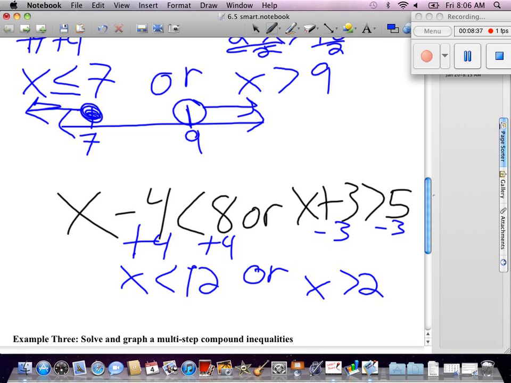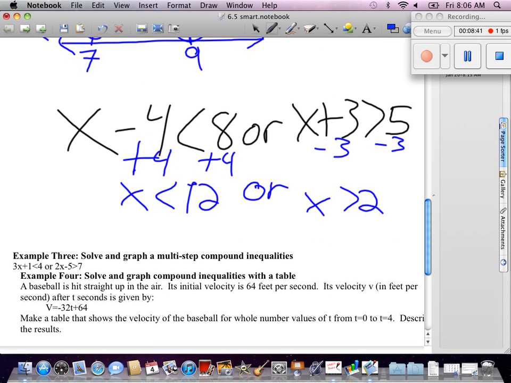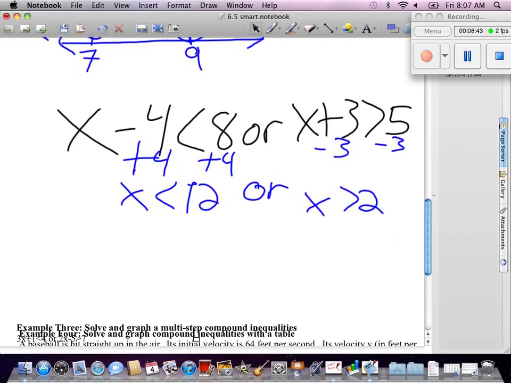All right, now we're going to graph it. The -8, so we should get a negative. -8.